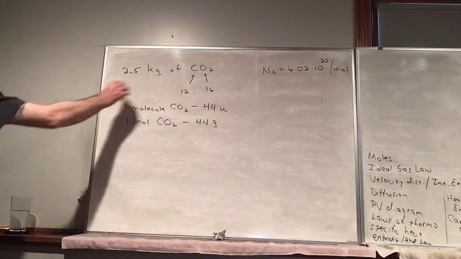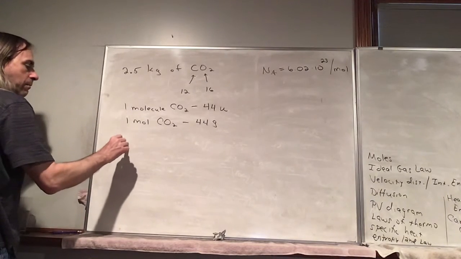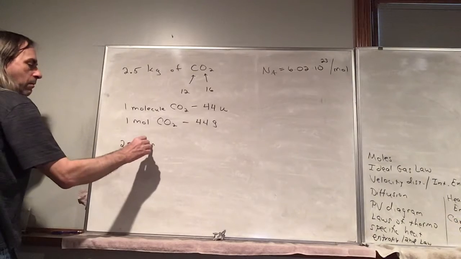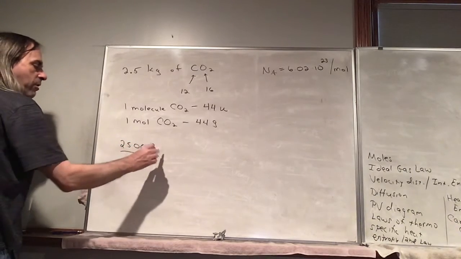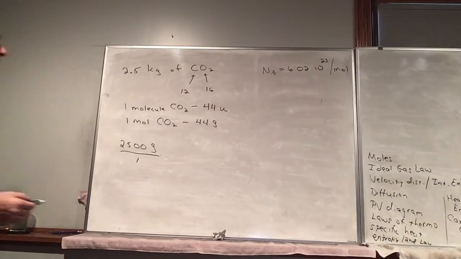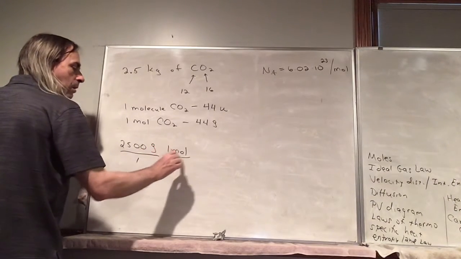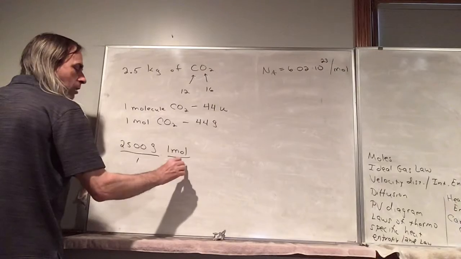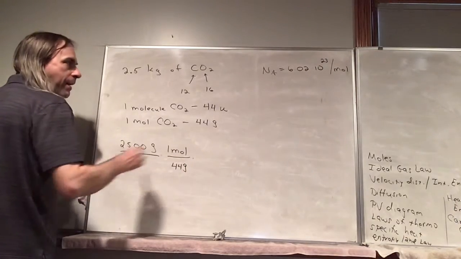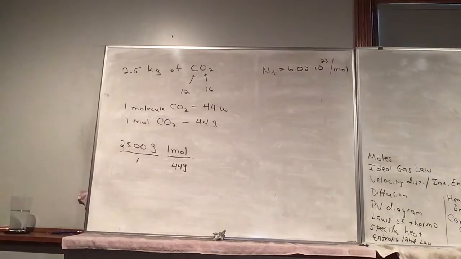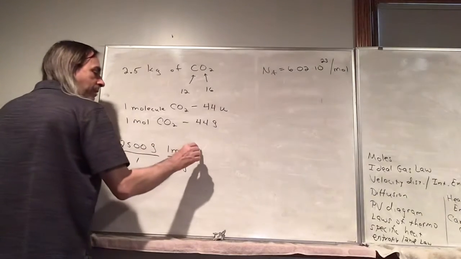So if we have 2.5 kilograms, say we have 2,500 grams of carbon dioxide, 1 mole is 44 grams. And then to get the number of molecules, we multiply by Avogadro's number.